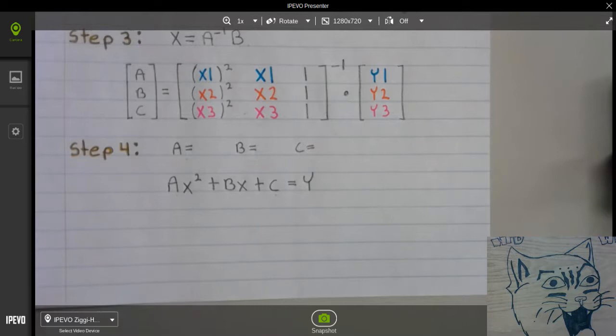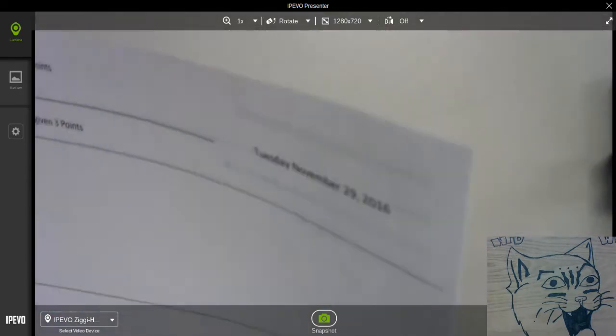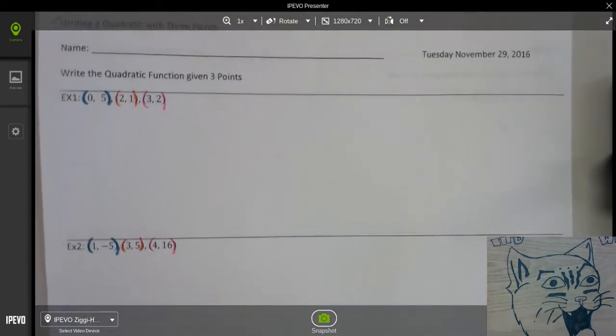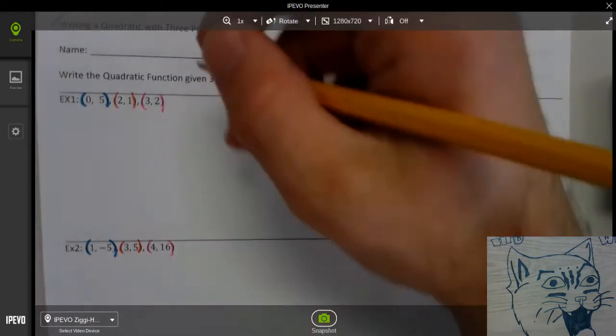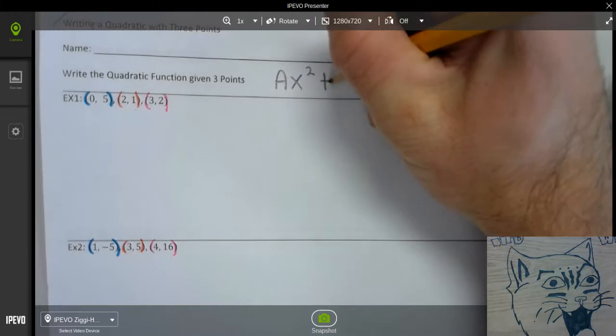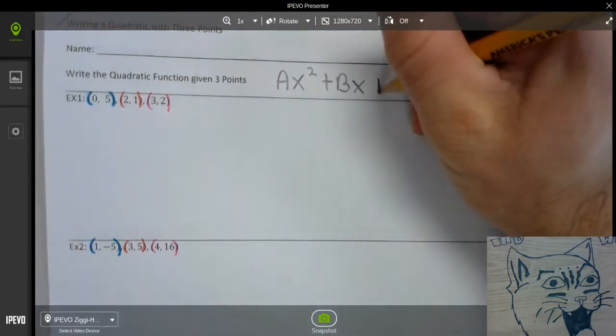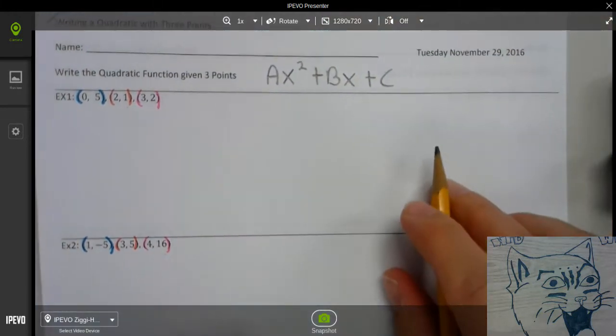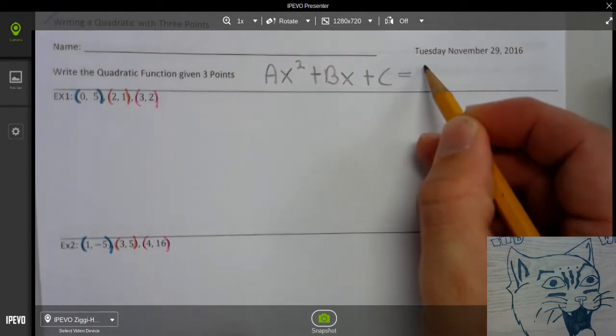All right, so let's apply this to example number 1. We know we need the formula, and I might just put it on top: ax squared plus bx plus c equals y.